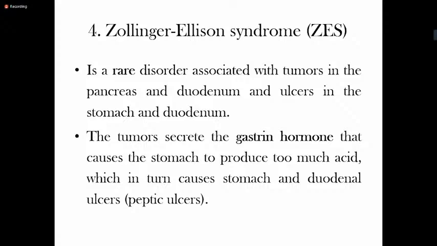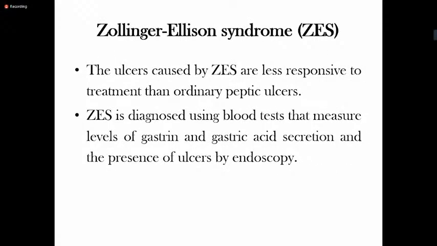So Zollinger-Ellison syndrome is a disease in which pancreatic tumors produce gastrin, and gastrin leads to excessive production of hydrochloric acid. The ulcers caused by Zollinger-Ellison syndrome are less responsive to treatment than the ordinary ulcers.